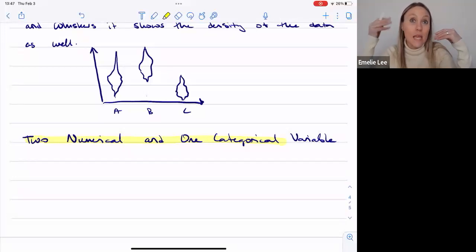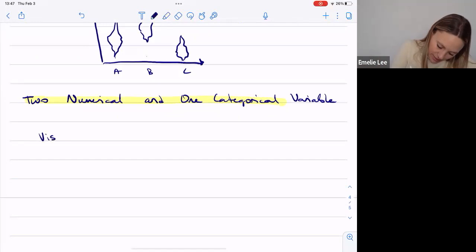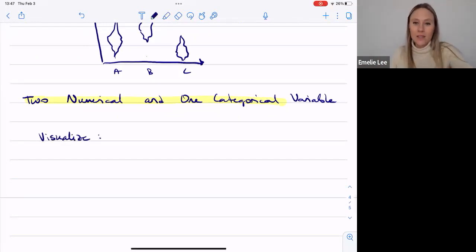So I'm saying scatter plot, but that incorporates things like the hexagonal binning and the contour map and the heat map, right? And so in general, I'm calling those scatter plots, right? But we can visualize by making a scatter plot that's broken up by the categories.